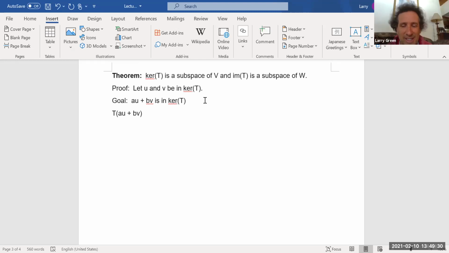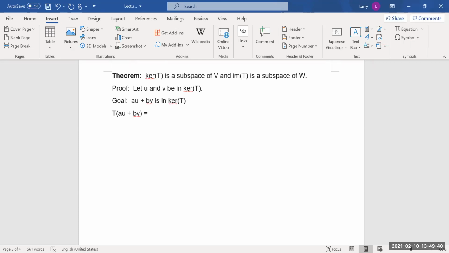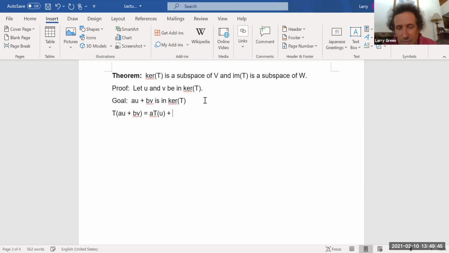The zero vector, because we're trying to show it's in the kernel. But T is a linear transformation, so what does that mean I could do? I can write that as A T of U plus B T of V.